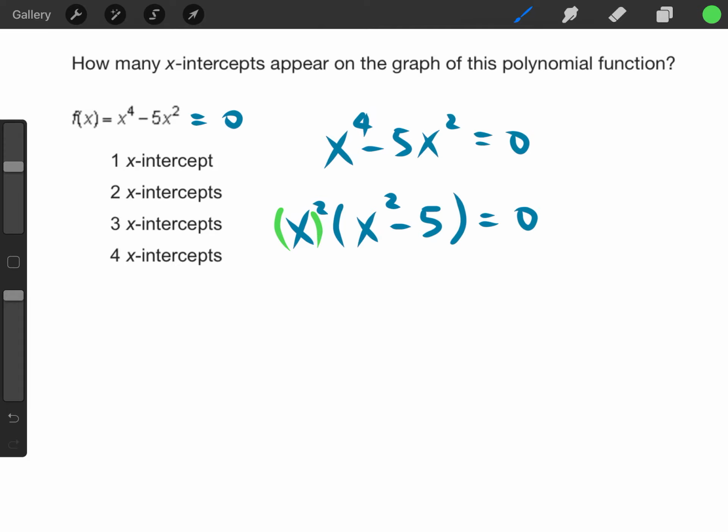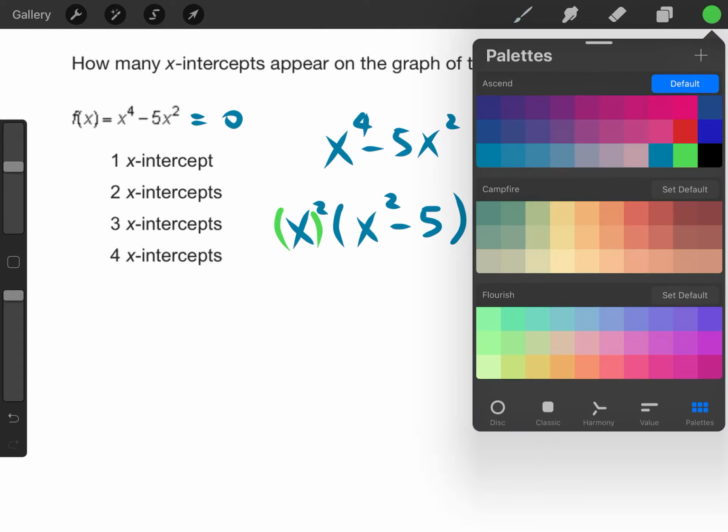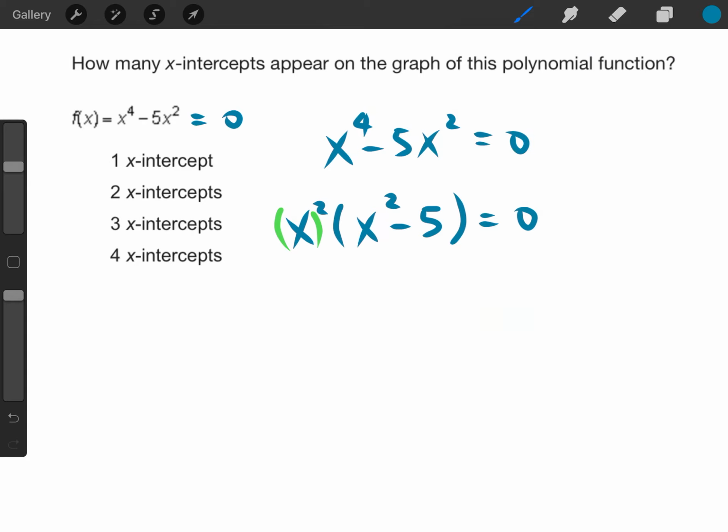By the zero property, when you see this, you can set each expression equal to 0. So you're going to get x equals 0. This is your first x-intercept. x squared minus 5 equals 0.